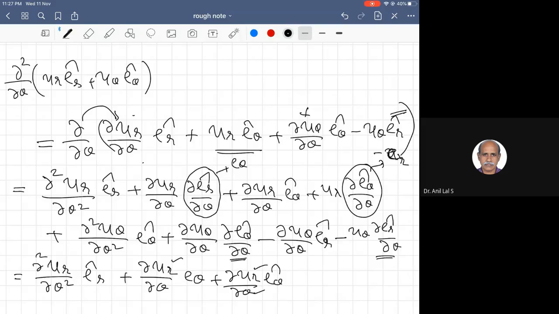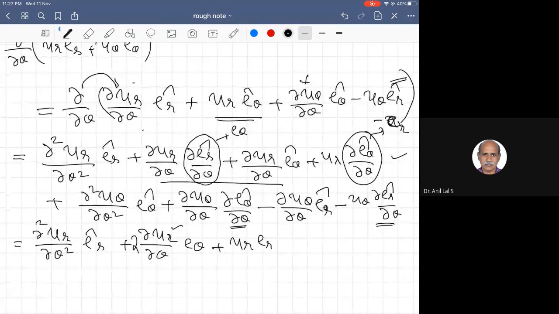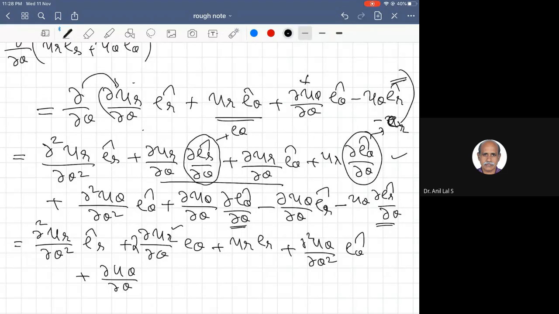Then there is minus ur er, and this one is dou squared u theta by dou theta squared e theta plus dou u theta by dou theta into dou e theta by dou theta, which is minus er.